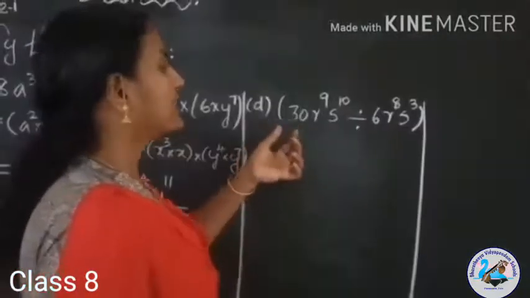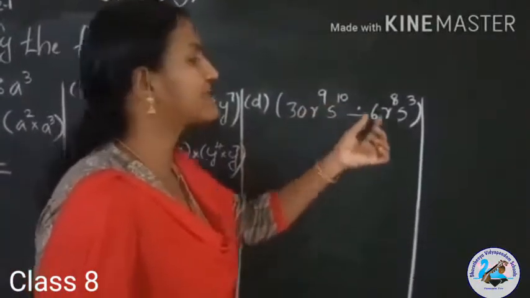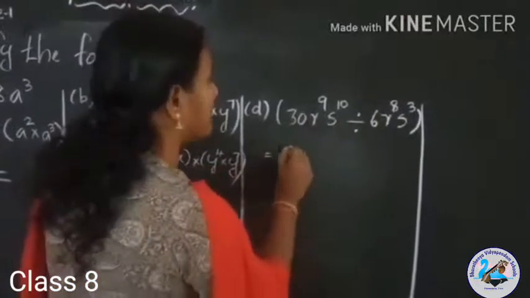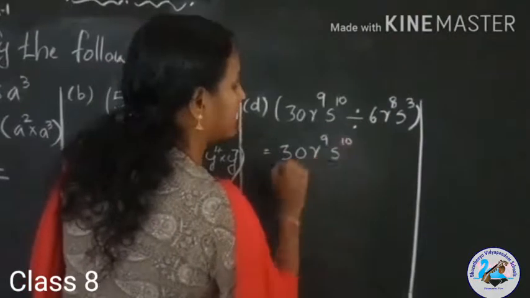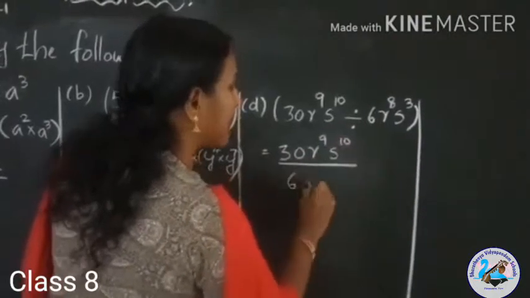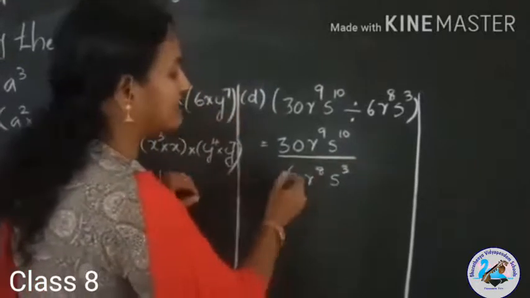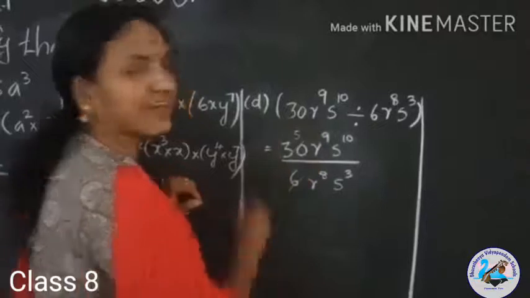Next one, 30 r raised to 9, x raised to 10 divided by 6 r raised to 8 x cube. Numerator by denominator form. We can cancel 6 and 30. How many 6s are in 30? 5 sixes are 30.